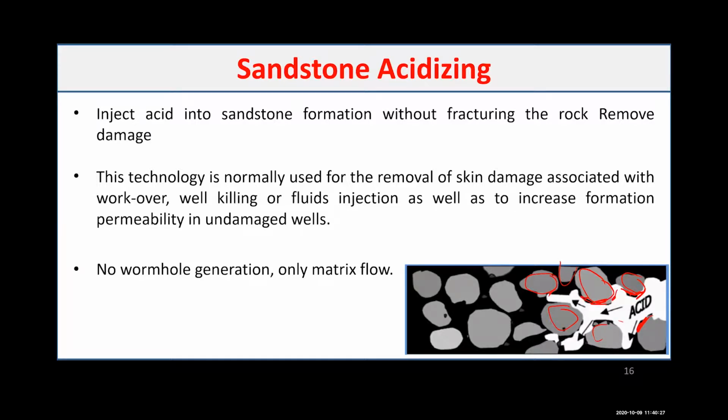In sandstone, as you dissolve this part, you are actually improving the porosity and the permeability. You are not creating wormholes as we will see in carbonate, but you are just enhancing it a little bit by dissolving the contact between the acid and the mineral phase, or the formation phase.